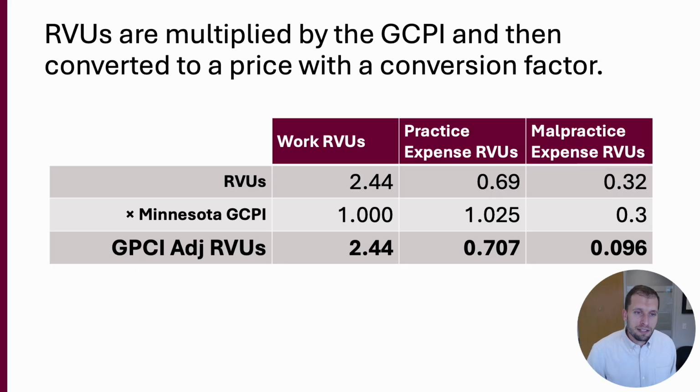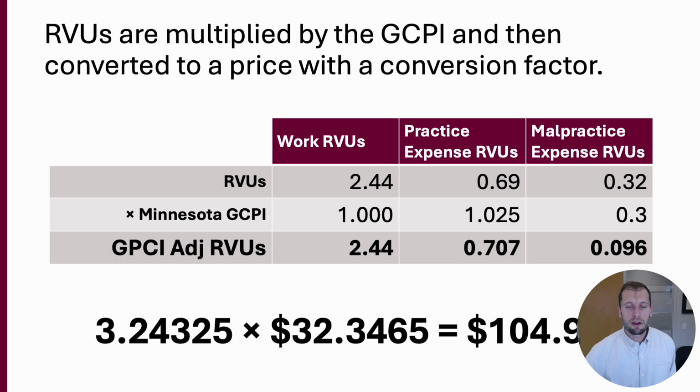Okay, so we adjust all of these numbers by our geographic adjustment, and then we get the total number of RVUs, the relative value of the work, and then we multiply by our conversion factor, which for 2025 is $32.3465. So down to the thousandth of a penny. Great. So for this service, we would be reimbursed.